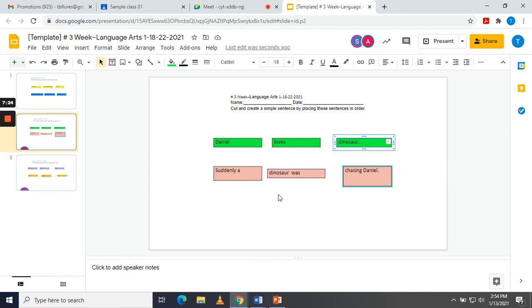Good job, Miss Shirley. Next, for the next set, Mr. Arnold worked on his sentence, and the sentence reads, Suddenly a dinosaur was chasing Daniel. So if you look again at the beginning of the sentence, it has a capital letter, which is the capital letter S. And if you look at the last box, it has a period, which identifies that this box belongs at the end.